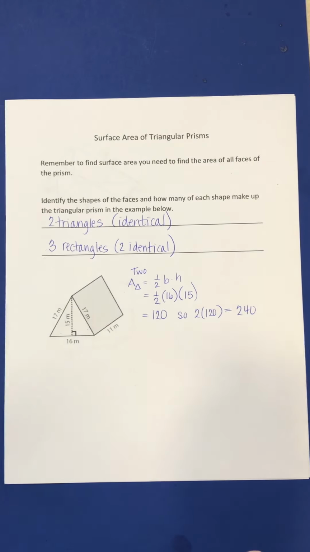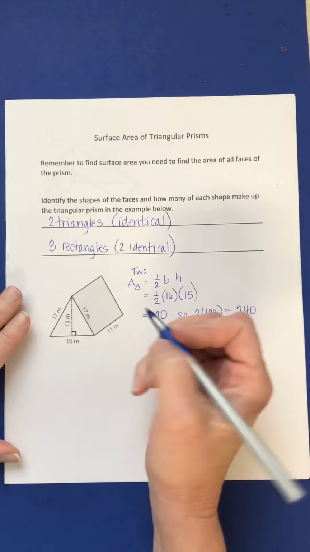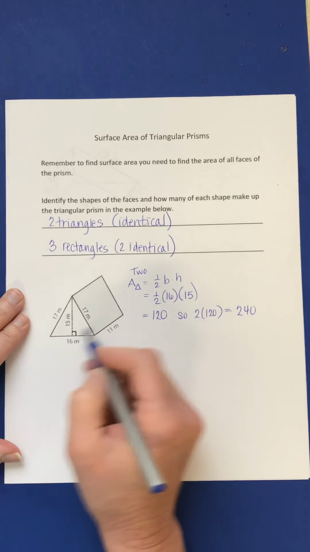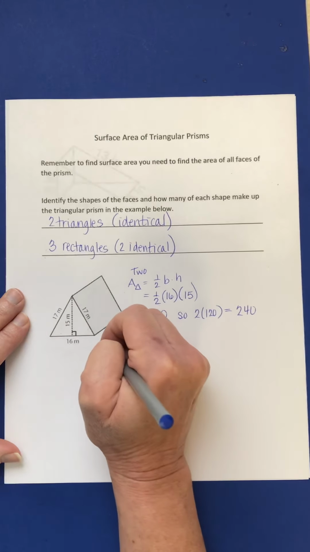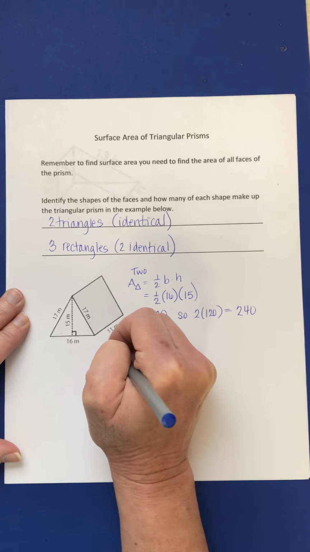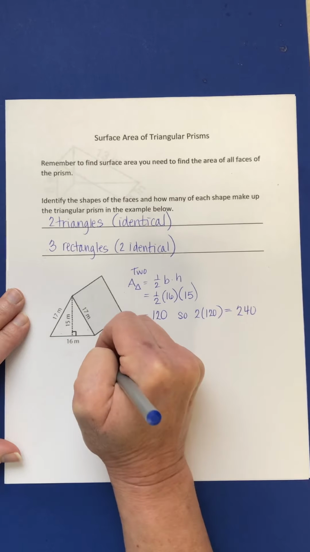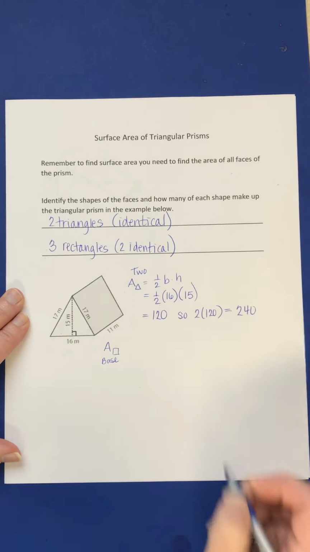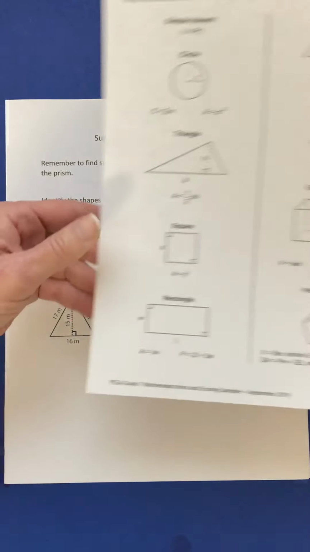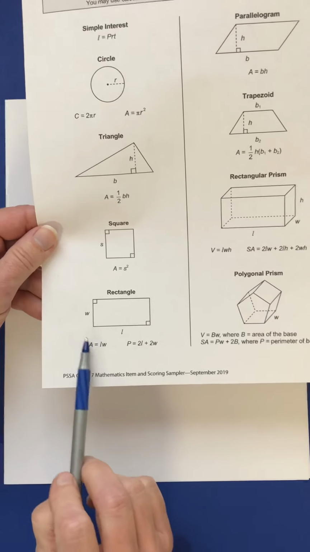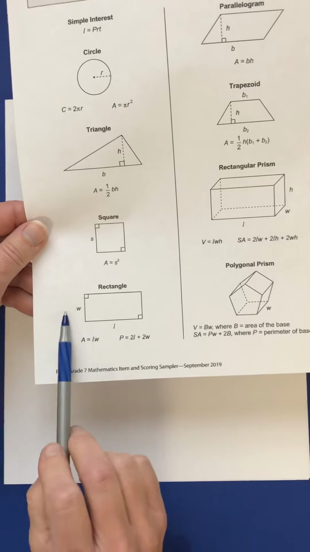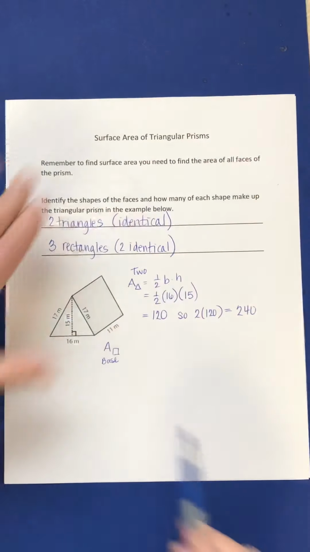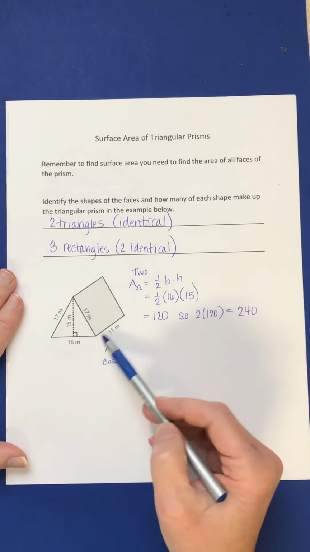Let's do the base of our triangular prism first. This time I'm going to do our area, and it's a rectangle, and I'm going to write the word base under here so that we realize it's coming from the base. If you look at your formula for a rectangle from your formula sheet, it's length times width. I have a 16 and an 11 here.